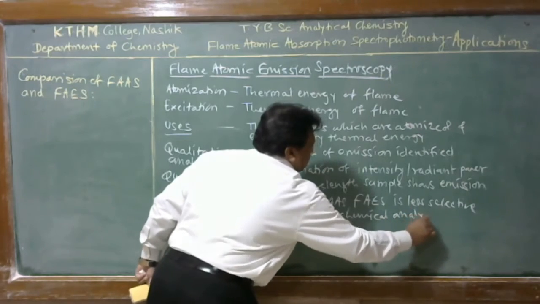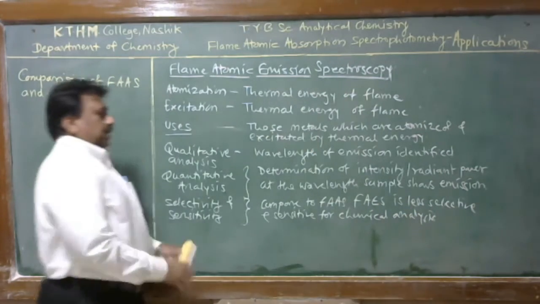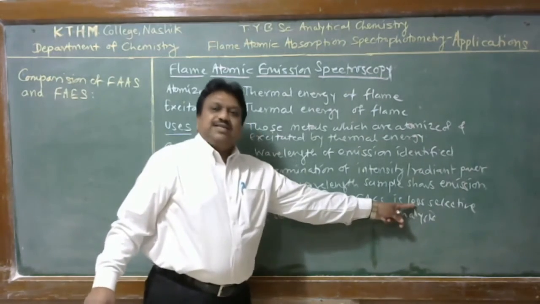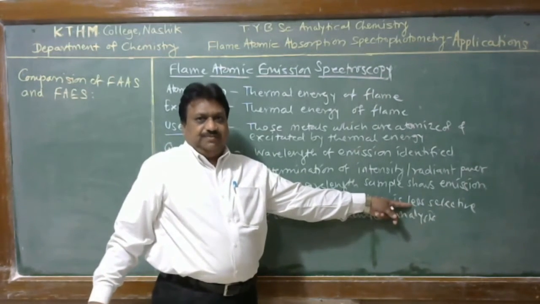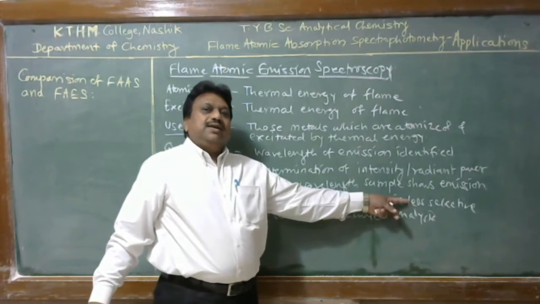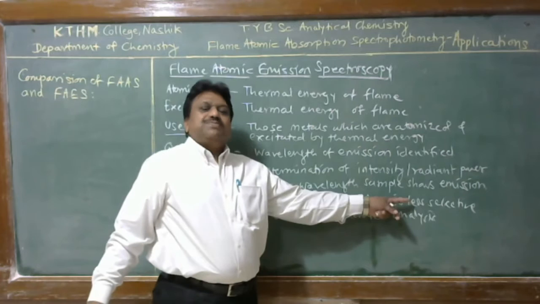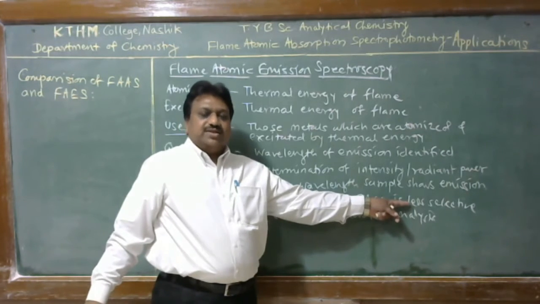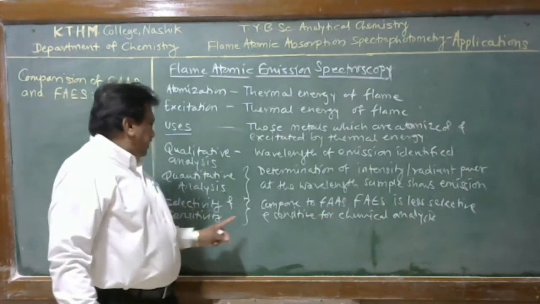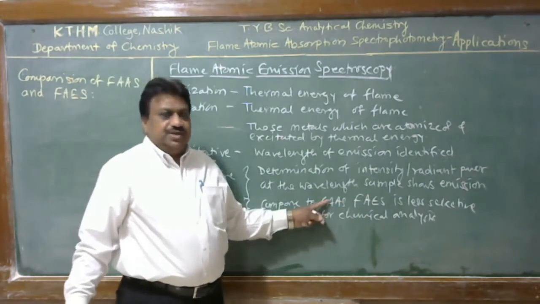If we consider the selectivity, that is related with the wavelength of emission. Therefore, every metal shows emission at a specific wavelength. Therefore, spectral interference mainly occurs in flame atomic emission spectroscopy, and it decreases the selectivity of the measurement.